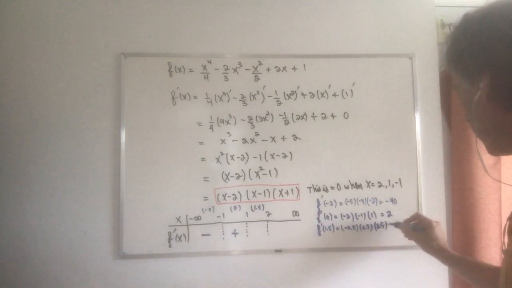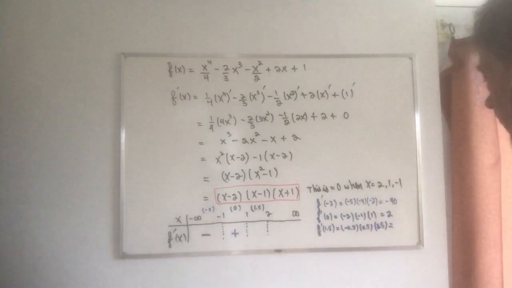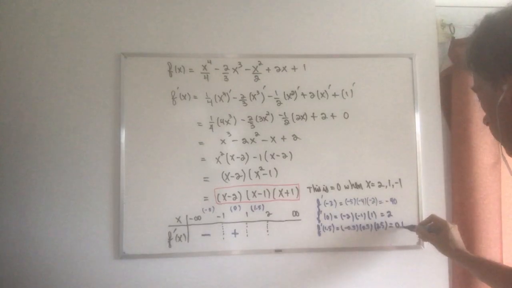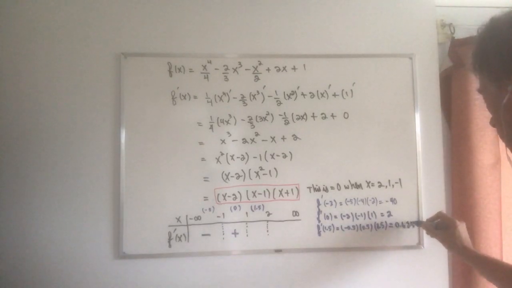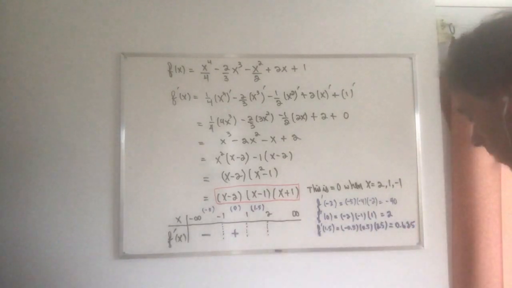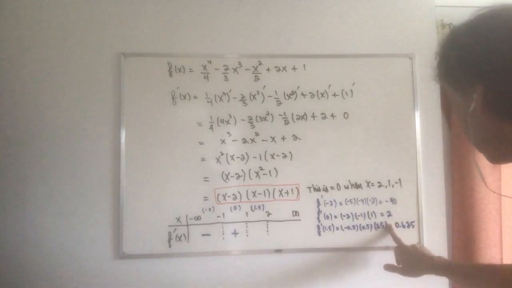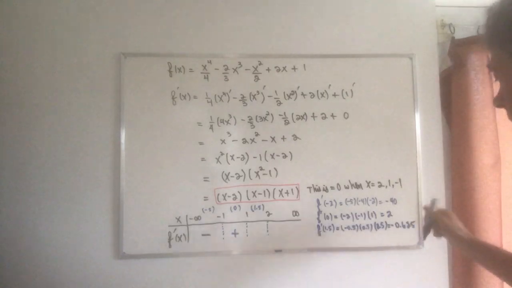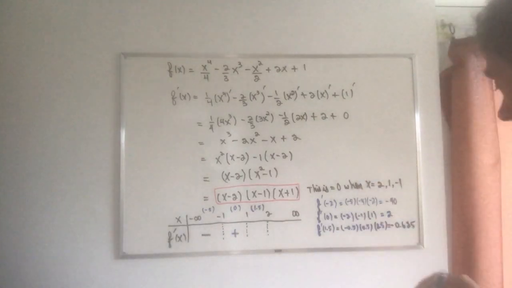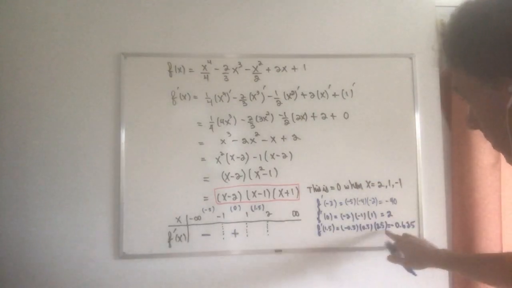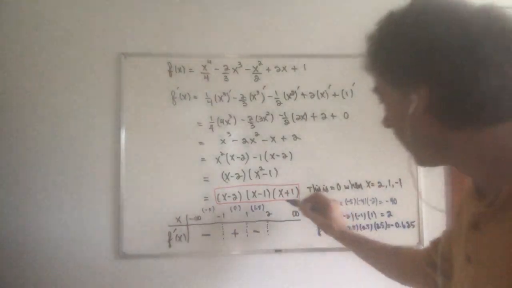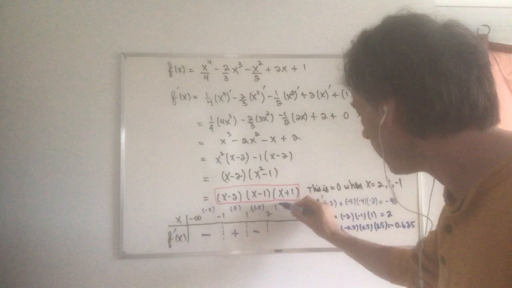So what is that equal to? That is actually equal to minus 0.625. Put a minus right here. Again, the number is not important, but the sign is, because it's a minus times a plus times a minus. Here's a minus. Finally, pick a number between 2 and infinity.